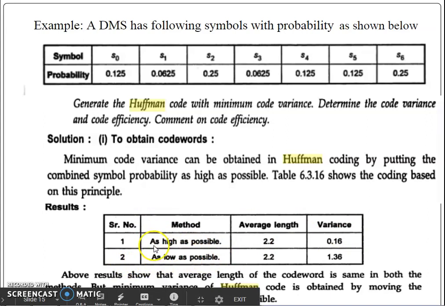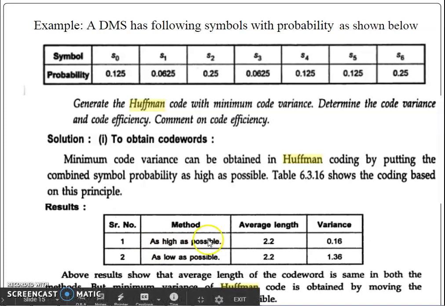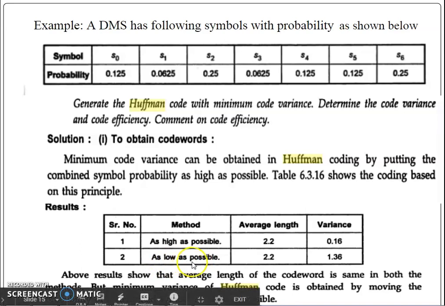As high as possible means that when you add the two probabilities, the sum is shifted to the top of the next column. If the sum does not go on the top of the next column, it is called as low as possible.